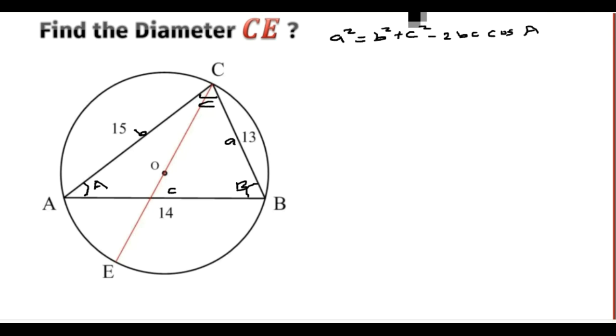So you can see a squared. If you go back to our diagram, a is given to be 13. So a squared will be 13 squared, equals b squared. b is given to be 15, so 15 squared plus c squared. The line c is given to be 14, that is 14 squared, then minus 2bc.